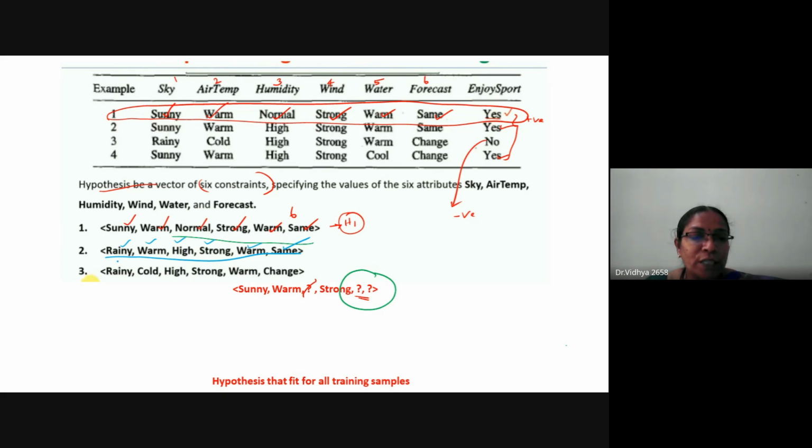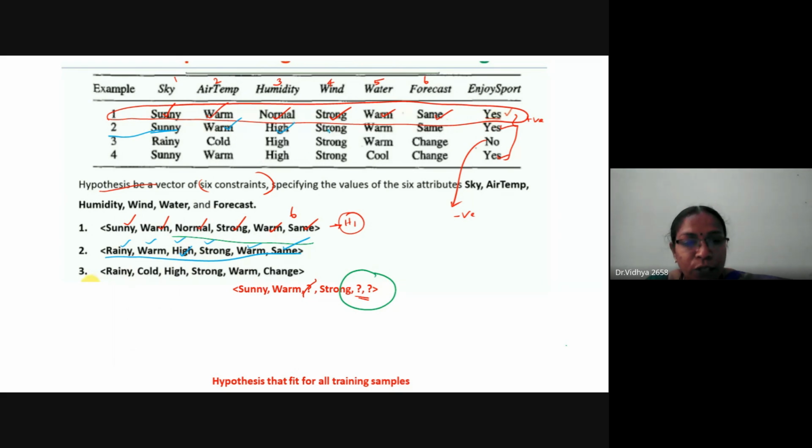The second example begins with sunny, but this particular hypothesis begins with rainy, so both are not matching. Similarly, the second attribute is warm here and also warm there. Then the third attribute is high here, and also high there.